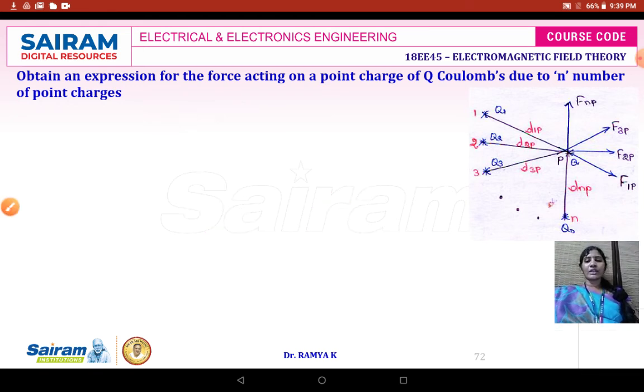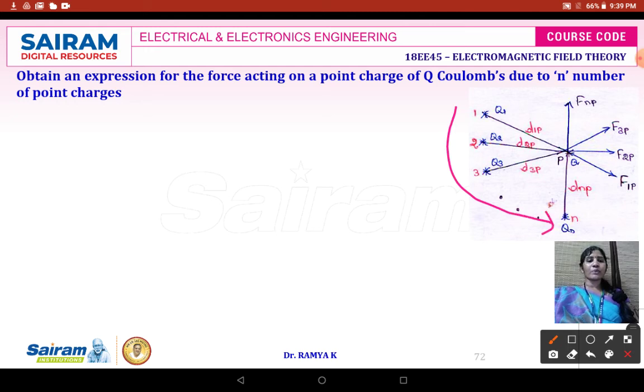So in the given diagram you have n number of point charges, that is 1, 2, 3 and up to n. We need to identify the force at this particular point. Therefore you will be getting n number of forces, that is the net force acting at point P is equal to the force acting at point P due to point 1.